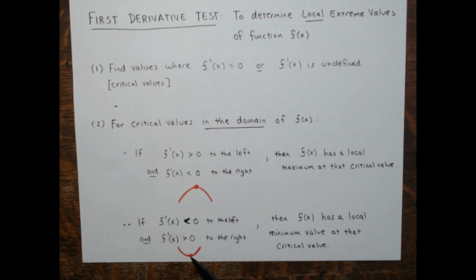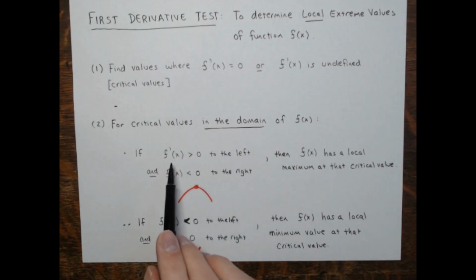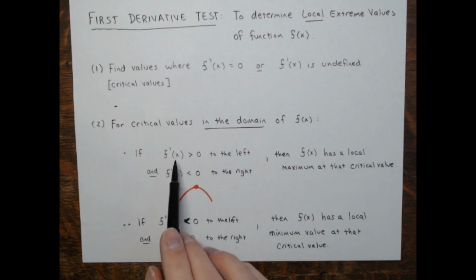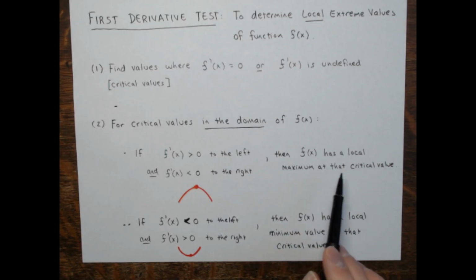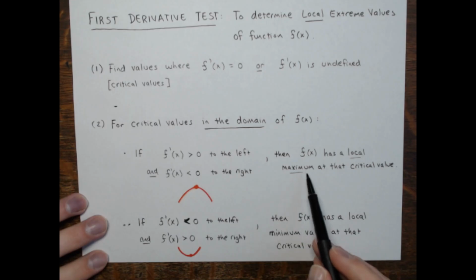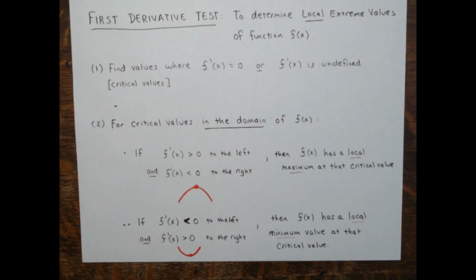If it's decreasing on the left and then decreasing again on the right, there's no local extreme there either. So it's pretty much at any point where the value of the derivative changes sign, right? Goes from positive to negative or from negative to positive. That's where you're going to have these local max and local mins, local extreme.